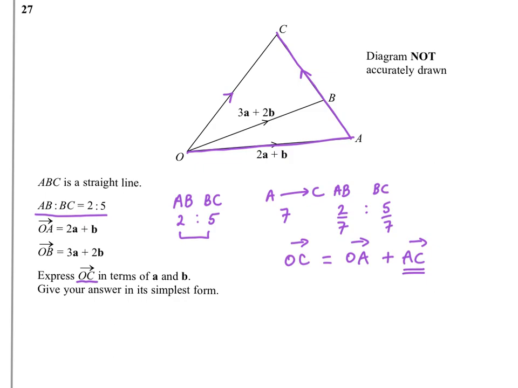We know that if we're going from A all the way to C, then we've got to take up all of those 7 parts, and we know how much of those 7 parts AB has, and we know how much of the 7 parts BC has. So if we try to find AB here on the diagram, I'll mark that in red, then a journey to get from A to B is AO plus OB.